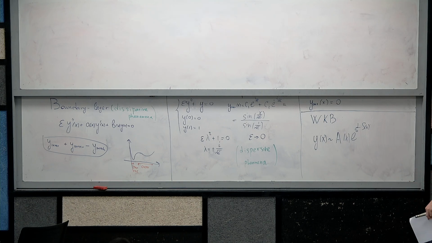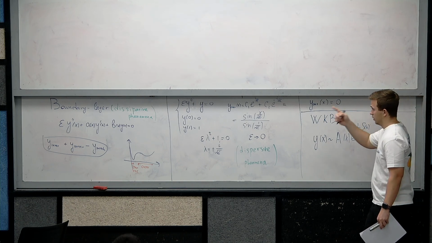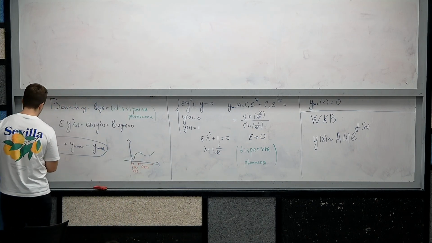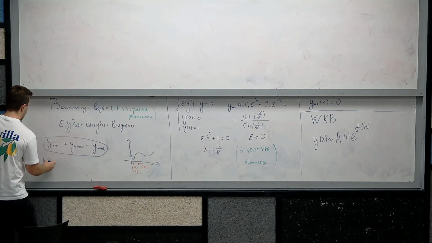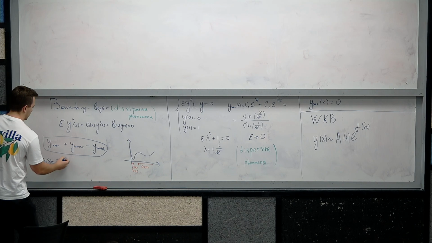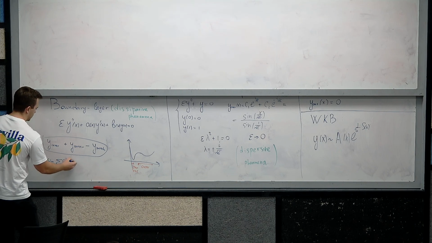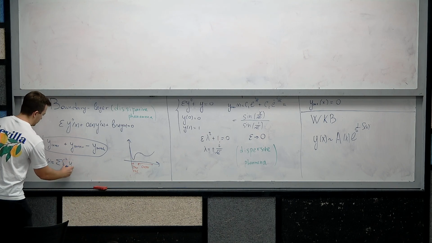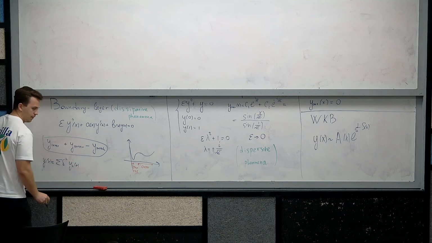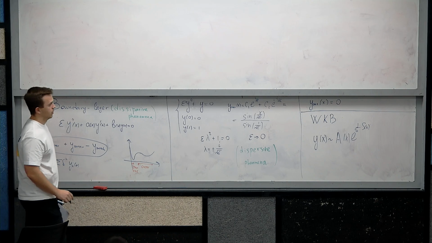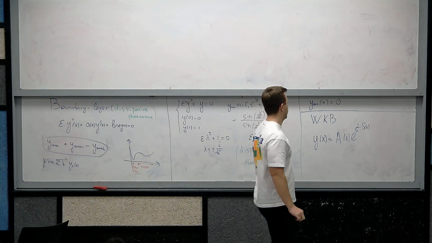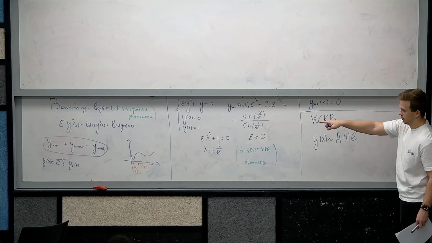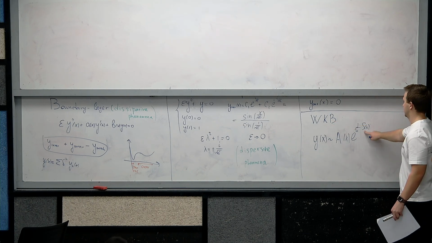So they tried a different approach. When we solve a boundary layer problem, we usually assume that y of x is a power series like this. But now we assume that our solution behaves exponentially, not as a power series.